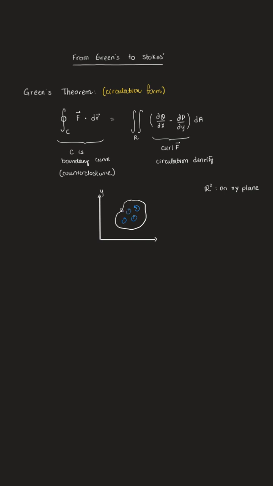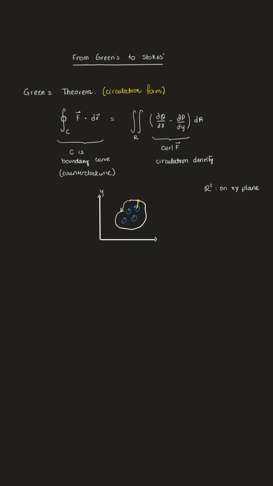Another reminder about the curl that we explored is that the curl is actually a little normal vector that gives us the direction of the swirl. So when we're on the XY plane, the curl is a vector that points in the direction of positive z.